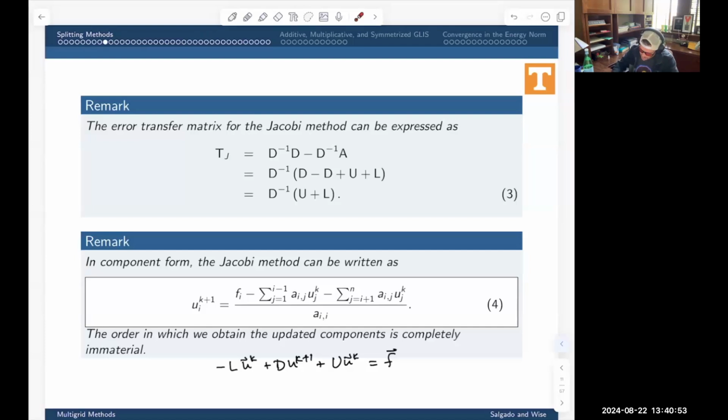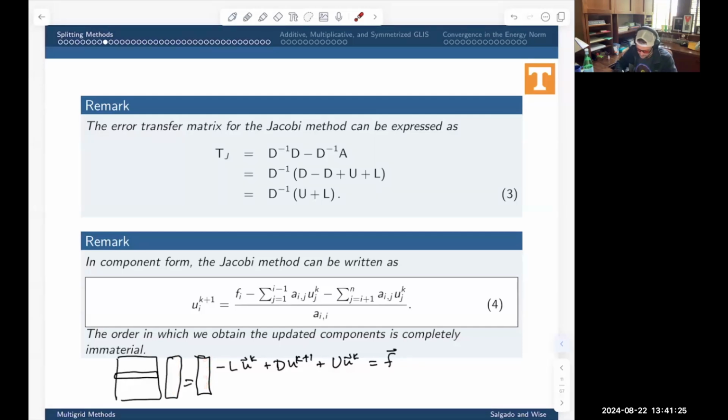But now I can think about this as being a portion of the A matrix, the lower triangular portion. So remember how I do matrix-vector multiplication. If I have a matrix times a vector, and that's equal to a vector, what I do is I take a row out of the matrix A, I multiply it times the vector, and that gives me the entries of this vector.